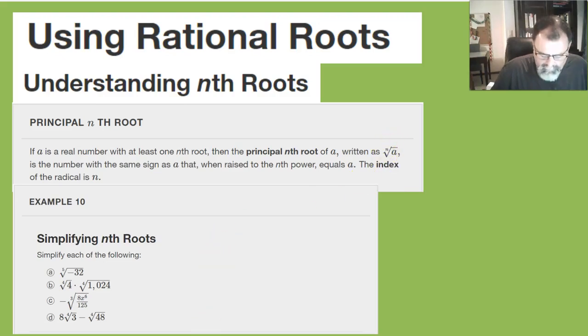So you can think of it this way. If we said the square root of 25, we're saying what squared equals 25? What squared equals 25? That's 5 squared. So this would be 5.